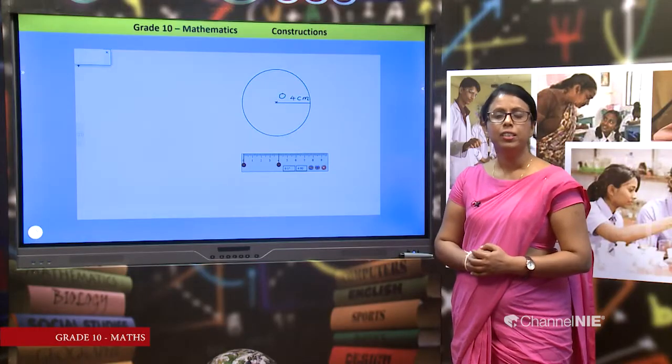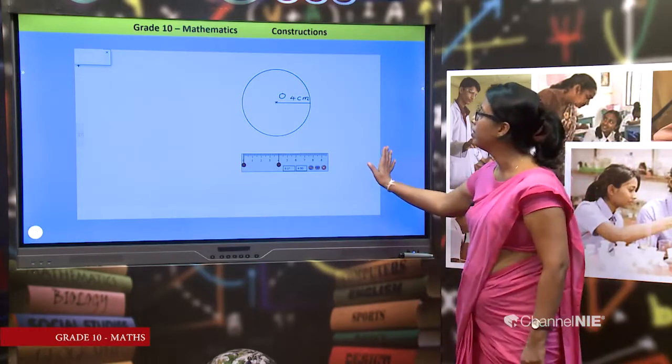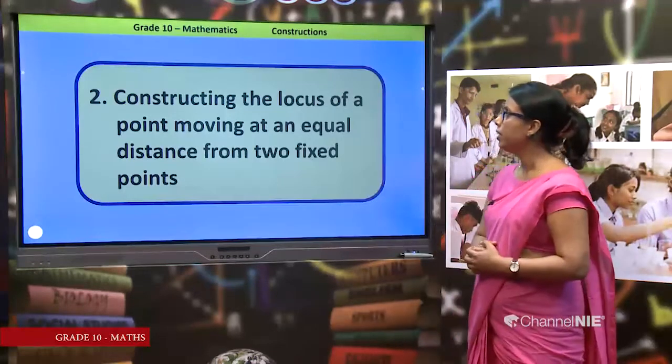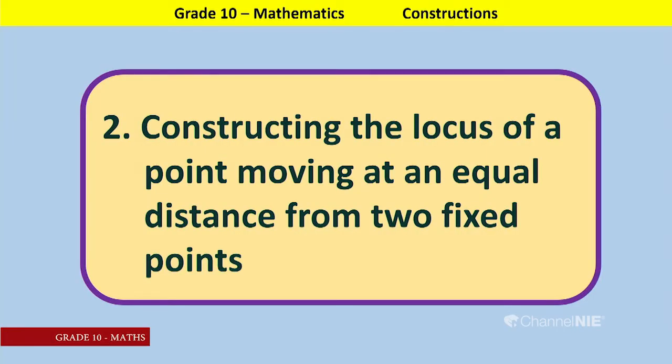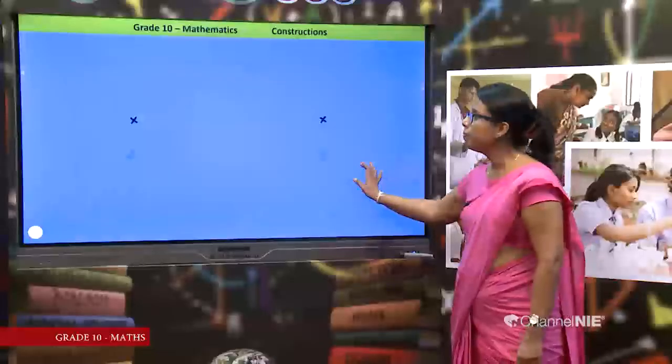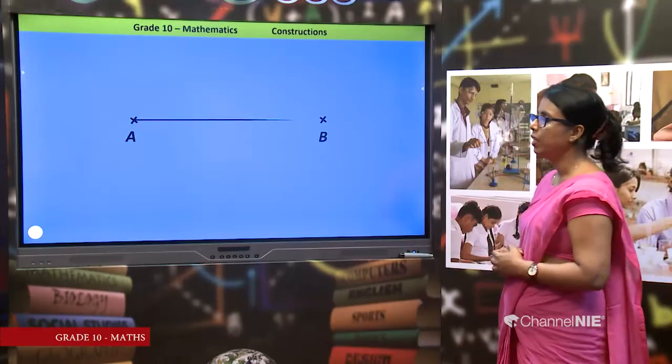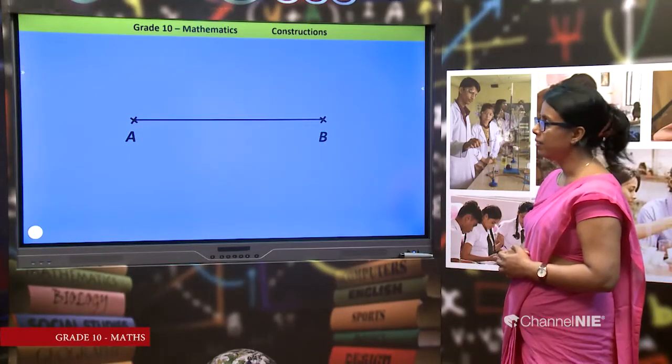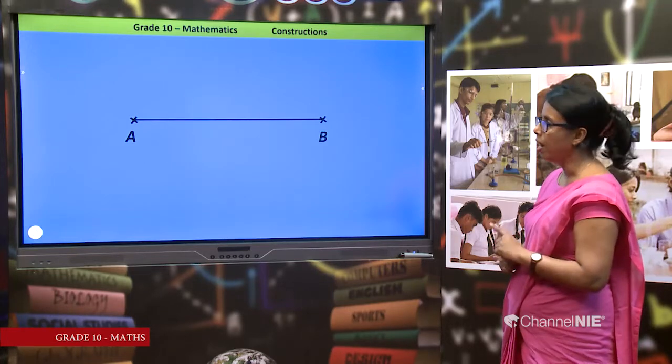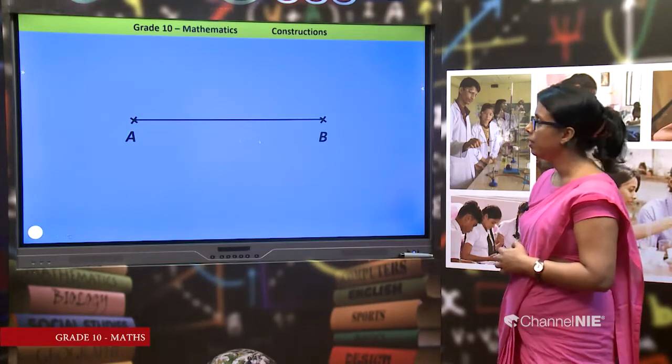Let's construct the second locus: the locus of a point moving at an equal distance from two fixed points. What is this? Let's see what this is. A and B are two fixed points.